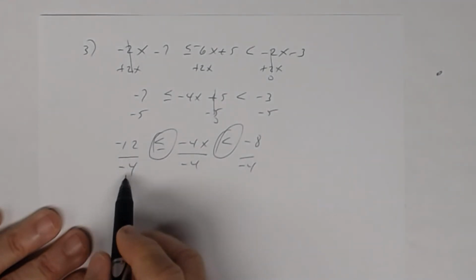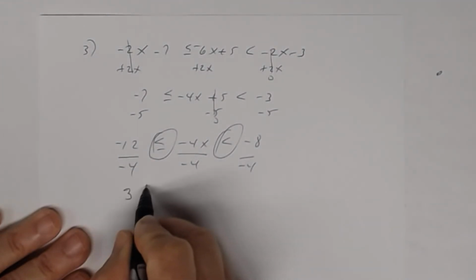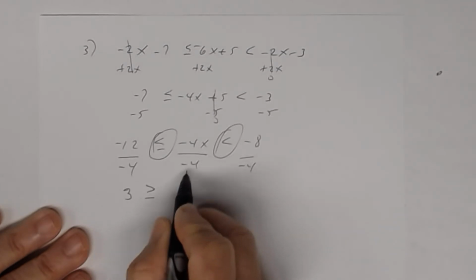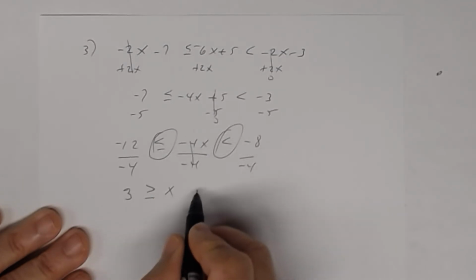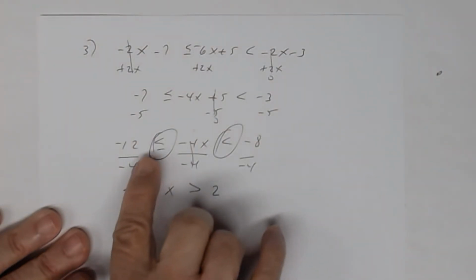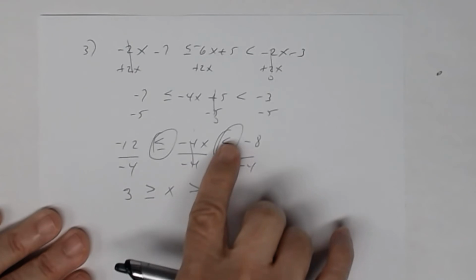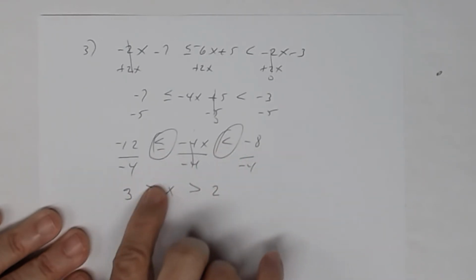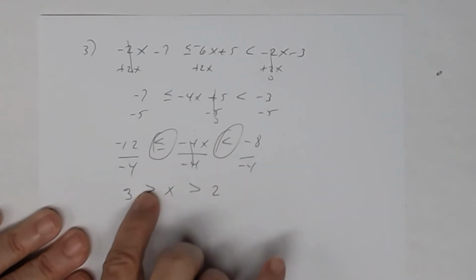So negative 12 divided by negative 4 is 3, is greater than or equal to 1x, or just x, is greater than 2. Notice I divided by a negative, so these inequality symbols reversed. They're pointing in the same direction, greater than, greater than.